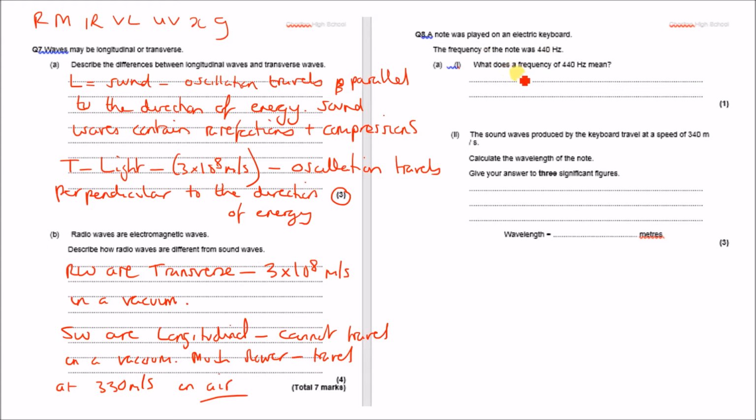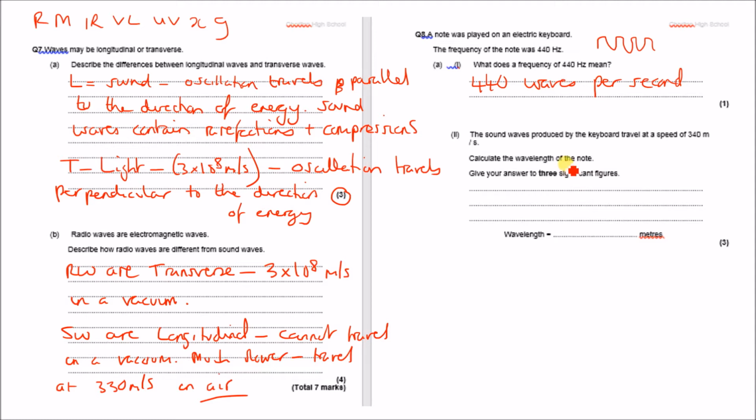Okay, the next question says, what does a frequency of 440 Hertz mean? It means there are 440 waves per second. So in 1 second you have 440 waves. The sound waves produced by the keyboard travel at 340 meters per second.